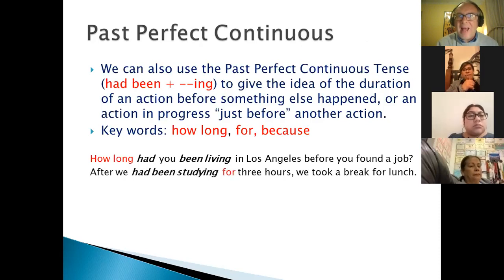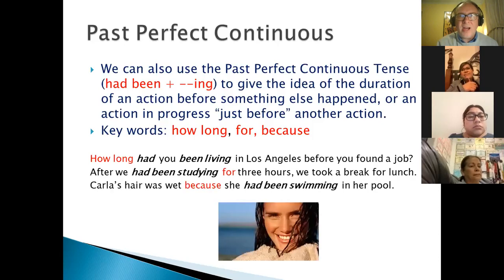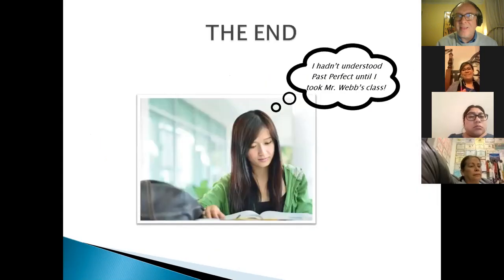After we had been studying for three hours, we took a break for lunch. Carla's hair was wet because she had been swimming in the pool.